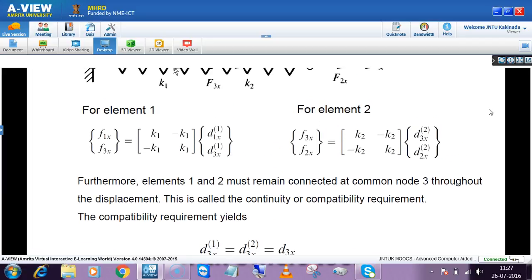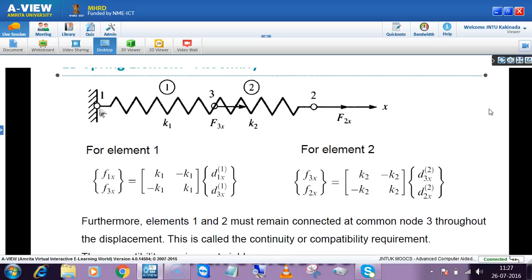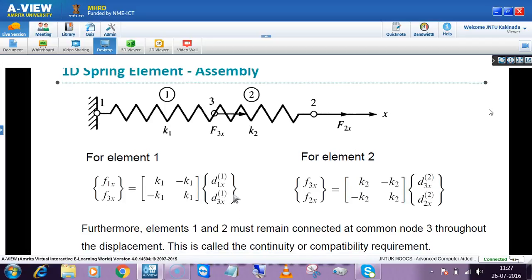For element 1, we have two nodes, node 1 and node 3. So F1x, F3x equals [K1, -K1; -K1, K1] times D1x, D3x. This one we have derived here. D1x is the displacement at this location, and D3x is the displacement at this location.